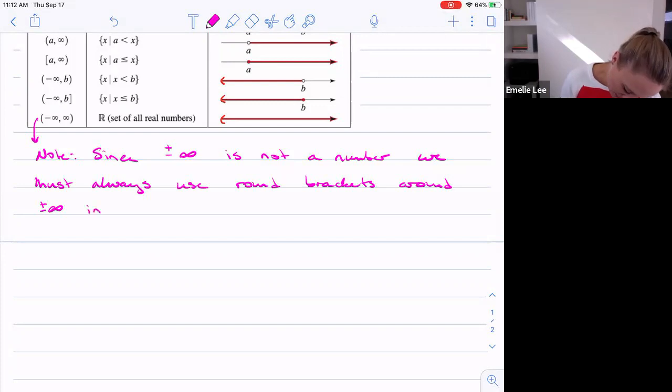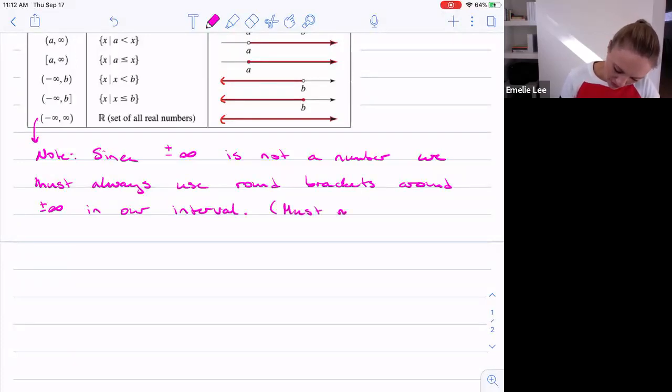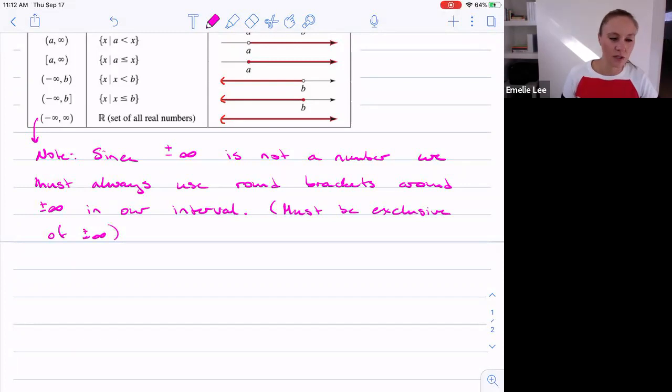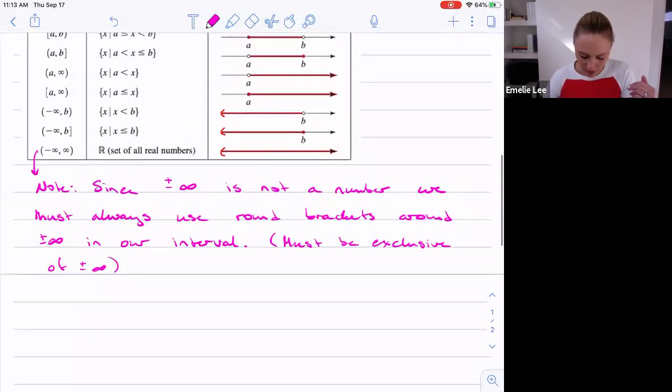In our interval, the brackets must be exclusive of infinity, plus minus infinity again. So that's just something to keep in mind.